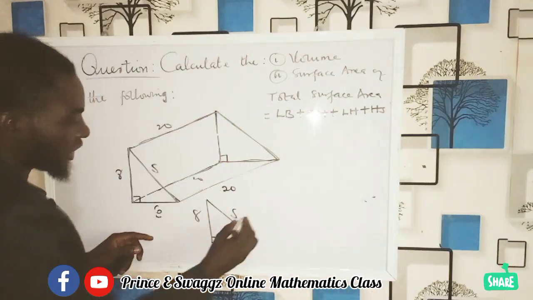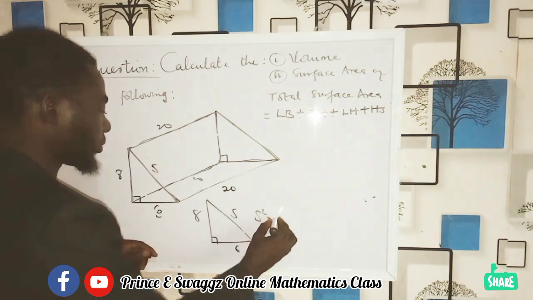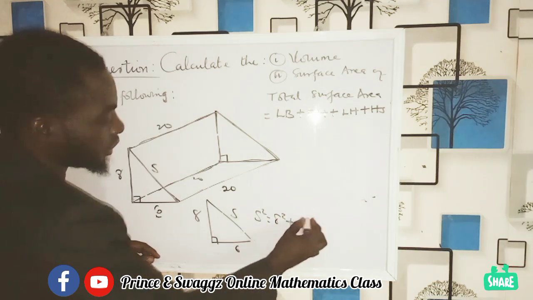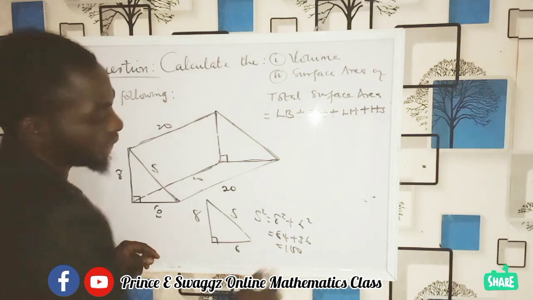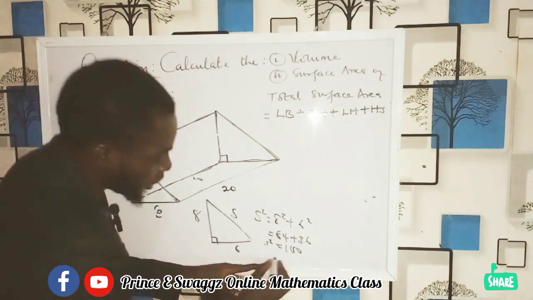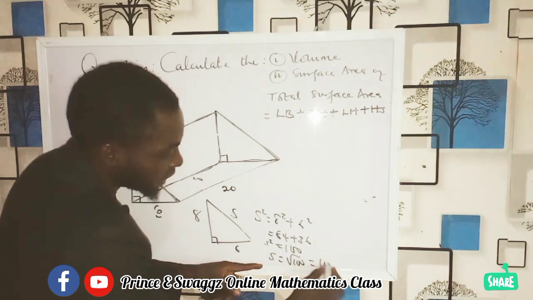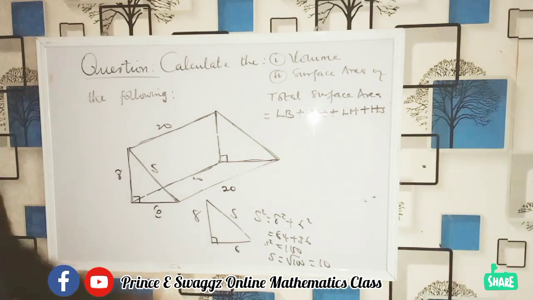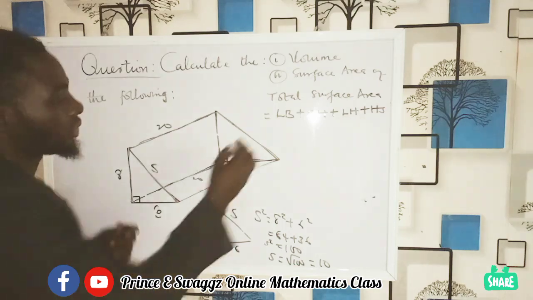So to get this X, X squared equals opposite, that's 8 squared, plus adjacent, 6 squared. 64 plus 36, and that is 100. So X squared equals 100. I'm looking for X, so I take the square root. X equals the square root of 100, and that is 10. So our X is 10.